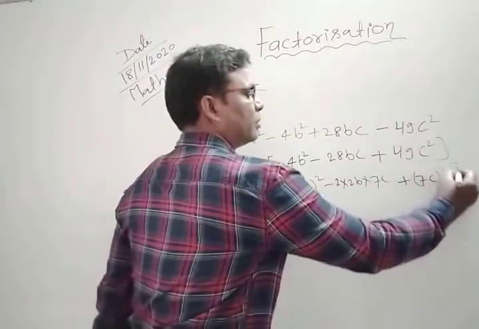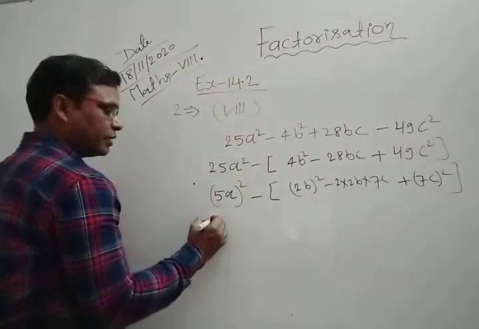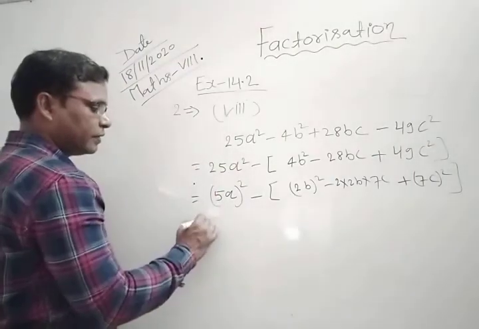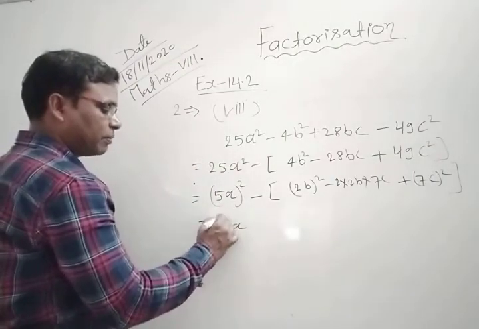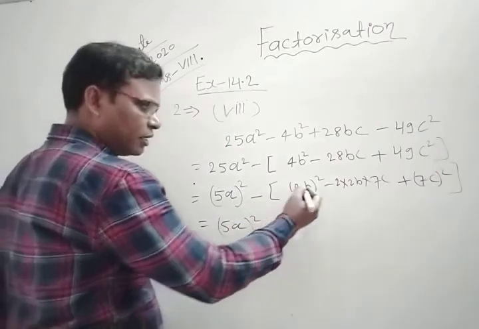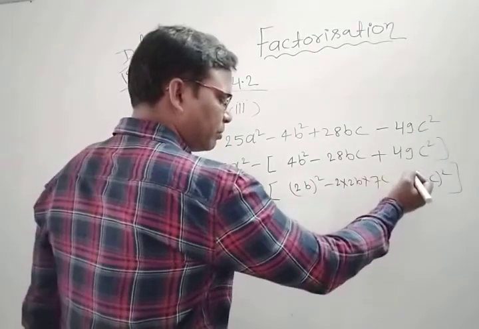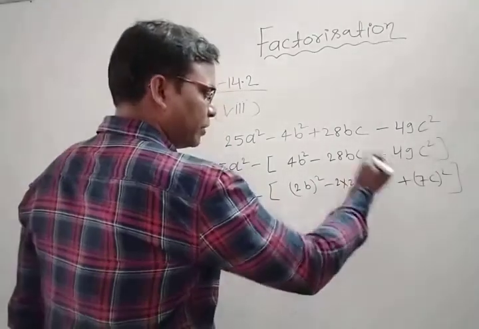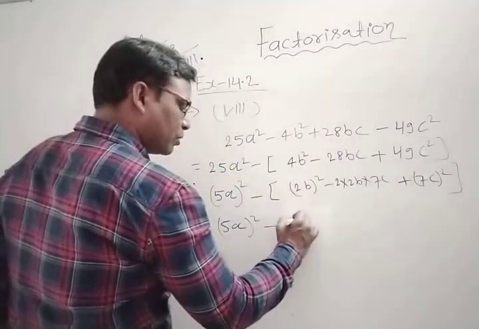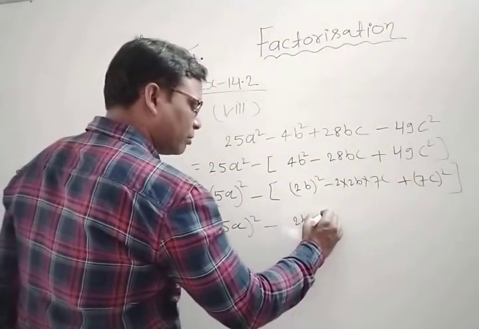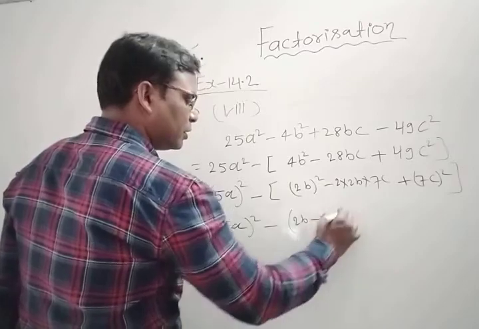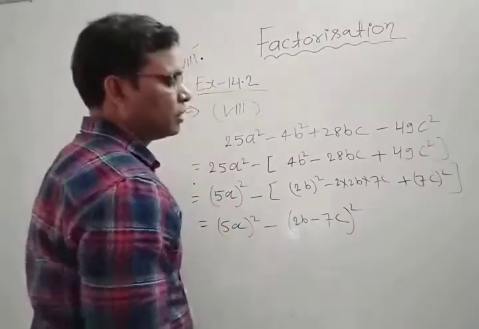So we write it as the whole square of 5a minus, what is this? This is the form a square minus 2ab plus b square, which is the whole square of 2b minus 7c. This is the whole square of 2b minus 7c.